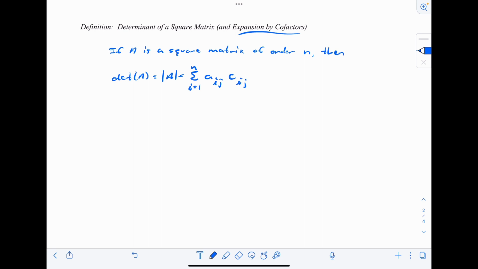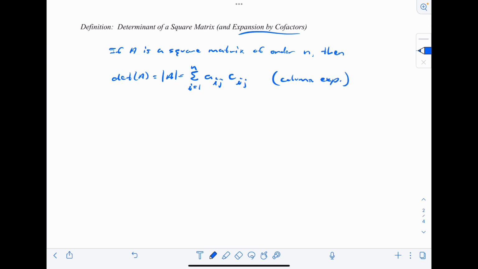In other words, we take the entry in the matrix and we multiply it by its corresponding cofactor. And we do that for every entry that is in that column. So we're going to call this a column expansion.